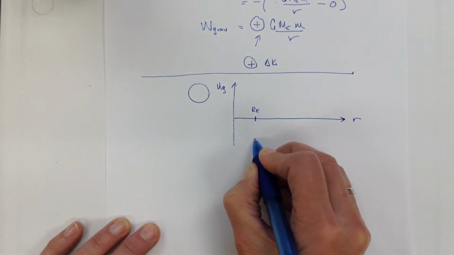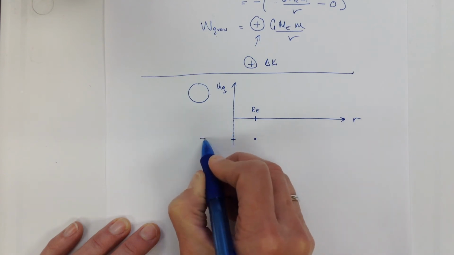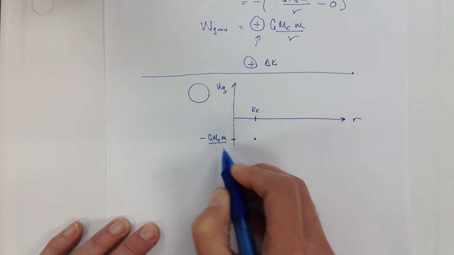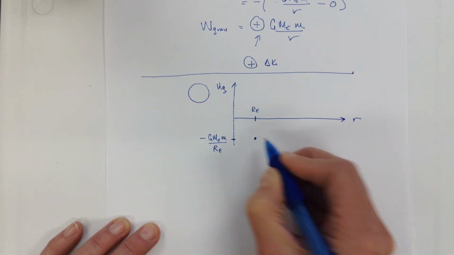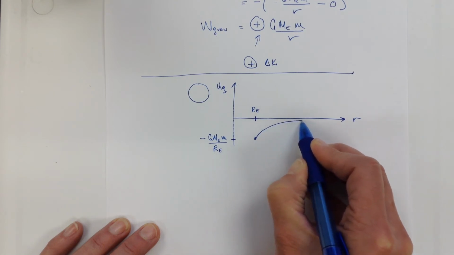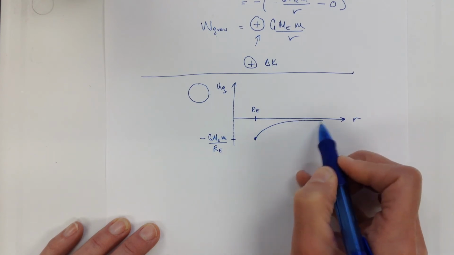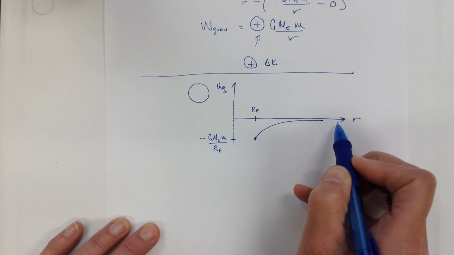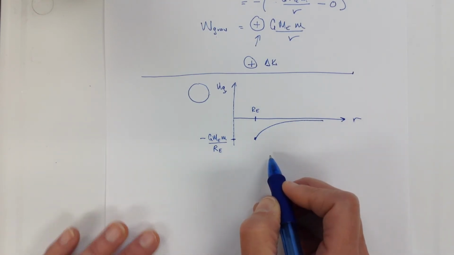At that location on the surface of the planet, the potential energy is going to be negative, equal to minus G times the mass of the Earth times the mass over the radius of the planet. That's the value right there, and then it is going to increase to 0. It's going to go as that negative 1 over r function, so it's going to increase asymptotically towards 0 gravitational potential energy. So that's what the graph would look like.